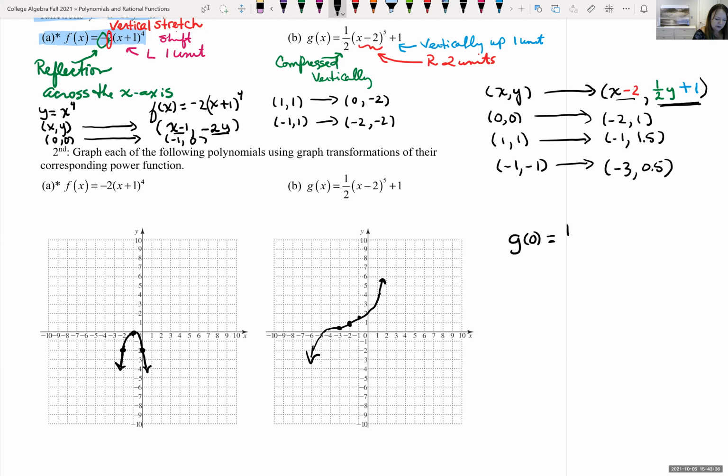And so if I did that, that would have been 1/2 times 0 minus 2 to the 5th plus 1. -2 to the 5th, though, this is what's getting me. -2 to the 5th, that's -32. And so this is actually going to be really steep. So -2 to the 5th again is -32. Just making sure I'm right. -32 divided by 2 is -16 plus 1. So that's actually -15. So something's wrong with my graph.